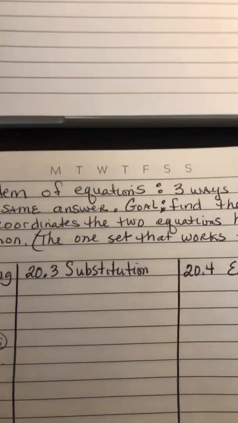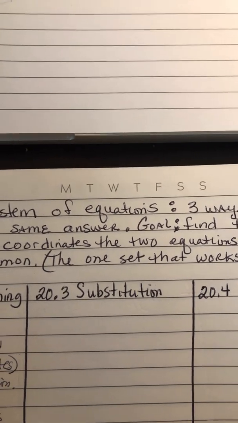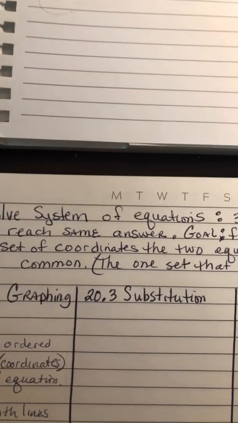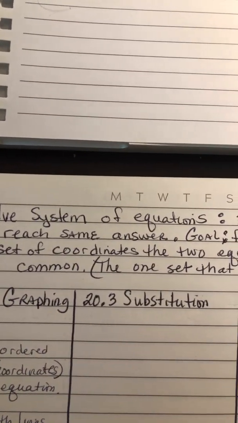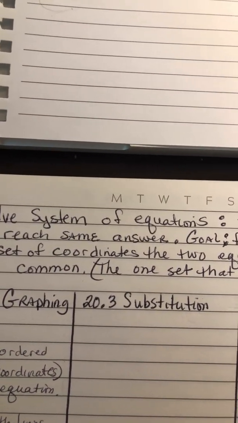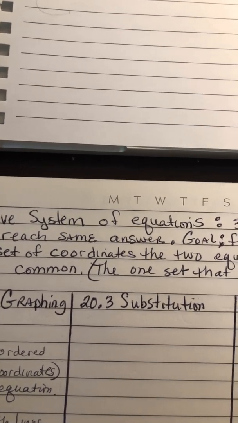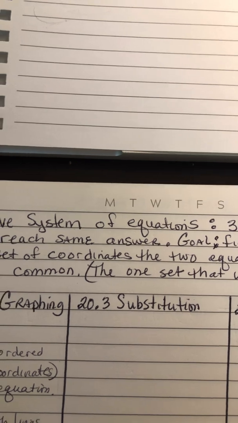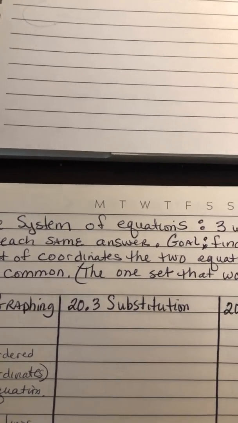Okay, so Mini-Mod 20 is talking about systems of equations. Systems of equations are when you have at least two equations that form lines, linear equations, and you're using them together on the same graph.